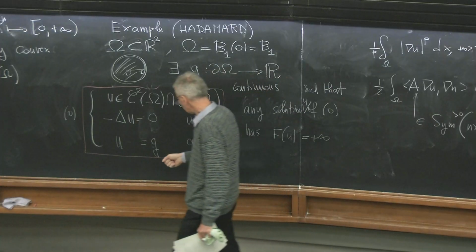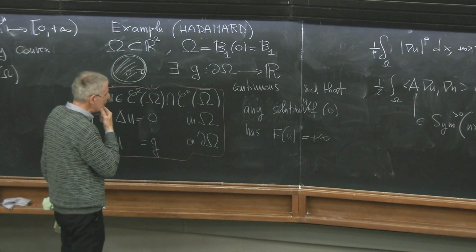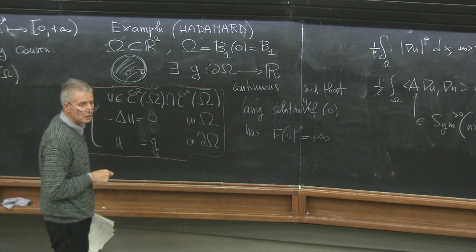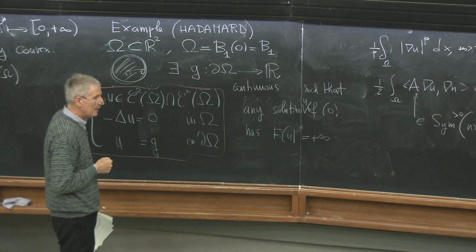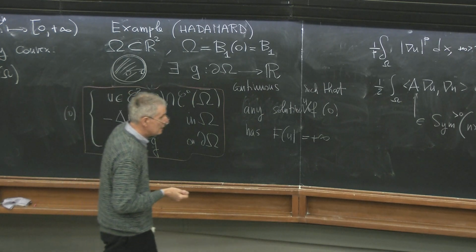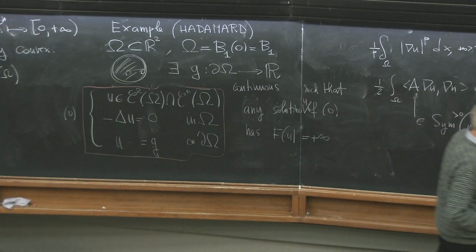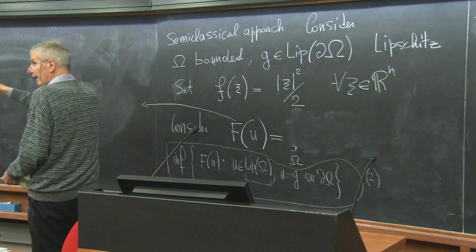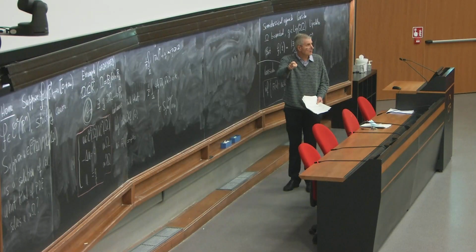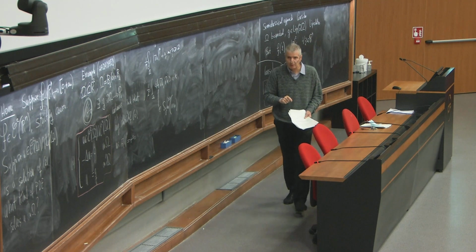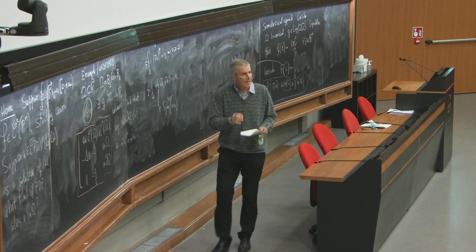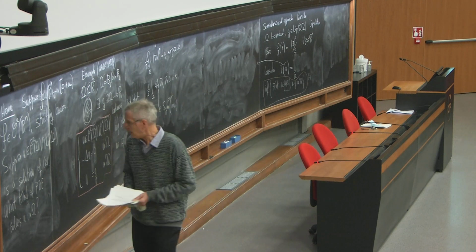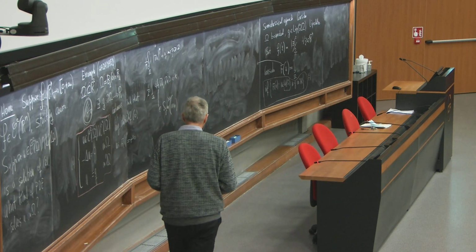But there exists a continuous function G such that the solution of this always has infinite Dirichlet energy. Which means that if I put that G there, I cannot solve this problem. But I can solve that. So we have to be careful about the way we decide to study this kind of problems. And now, this is, I think, related to your question.